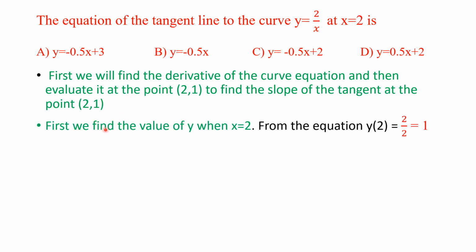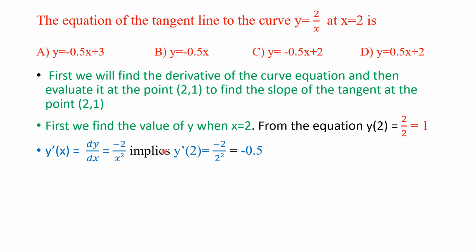So here we go. First, we find the value of y when x equals 2, which we did, and this is the proof of it. It's equal to 1. Now, y prime of x is the derivative of 2 divided by x, also represented by dy by dx, equals negative 2 divided by x squared.